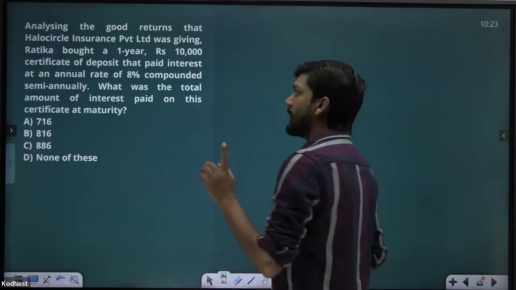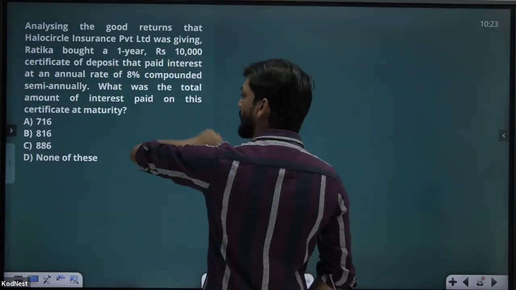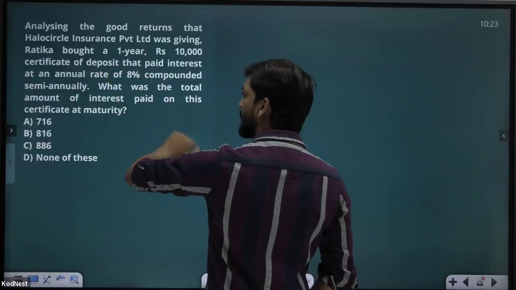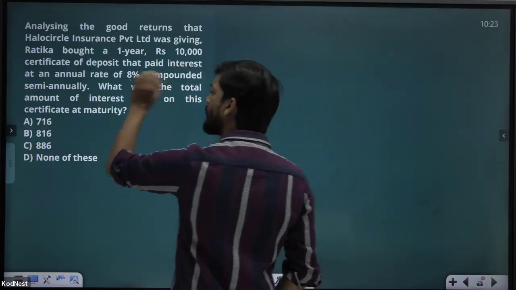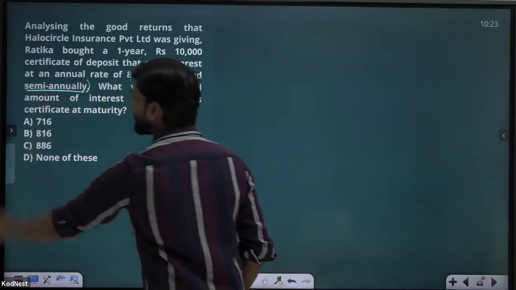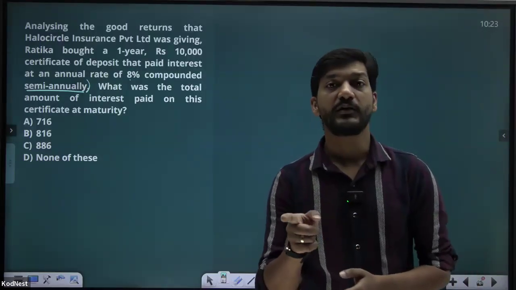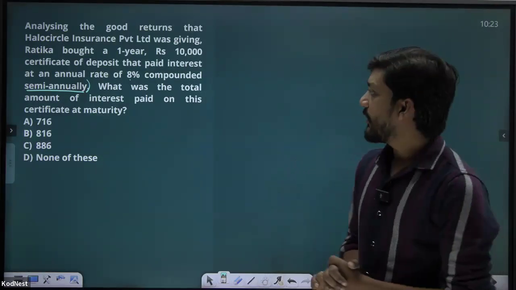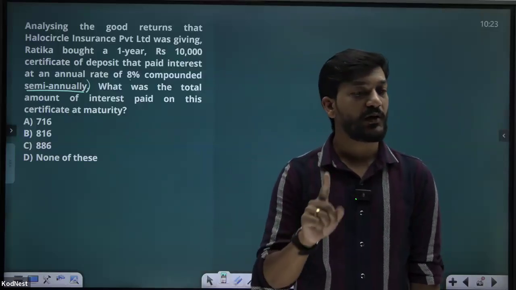So 10,000 rupees deposited somewhere at 8%, compounded semi-annually. Semi-annually means we have to calculate for 6 months. We have to calculate for 1 year because she has invested for 1 year.